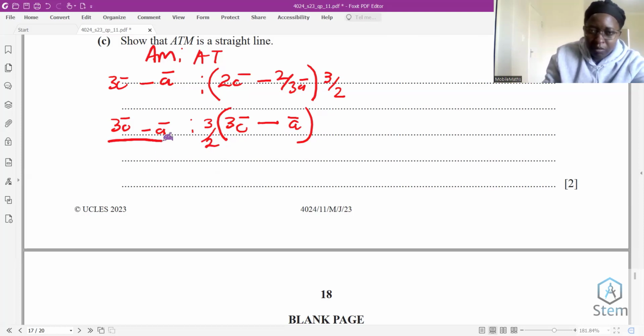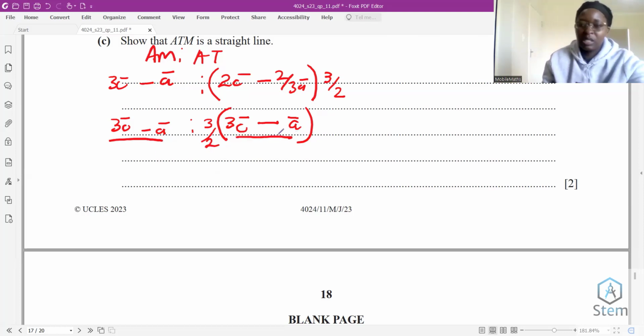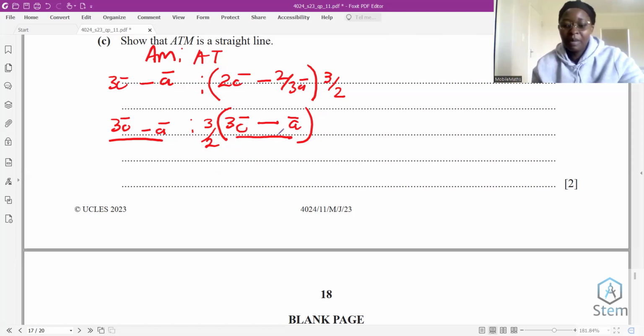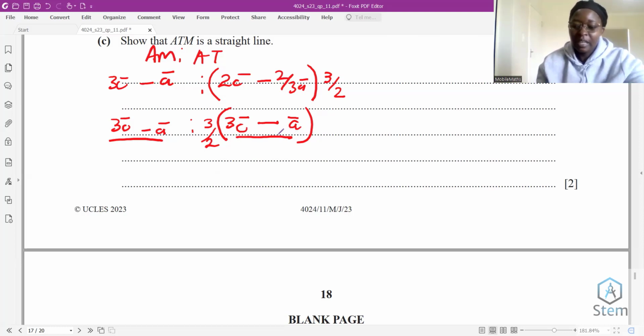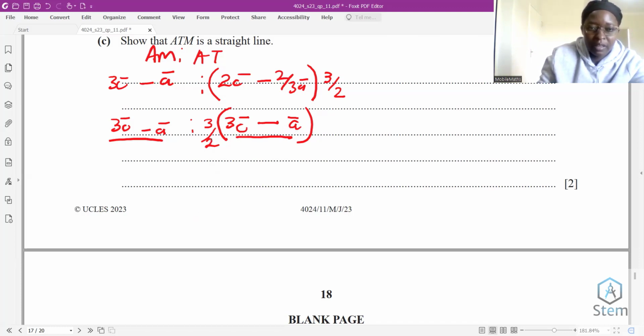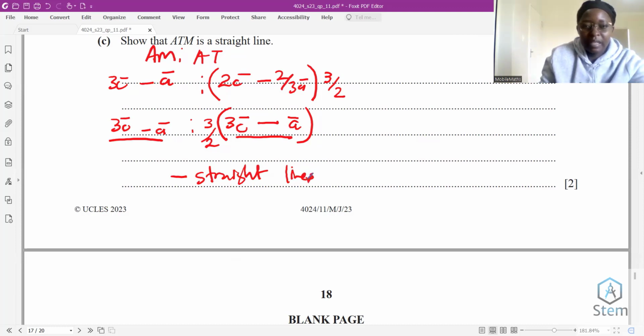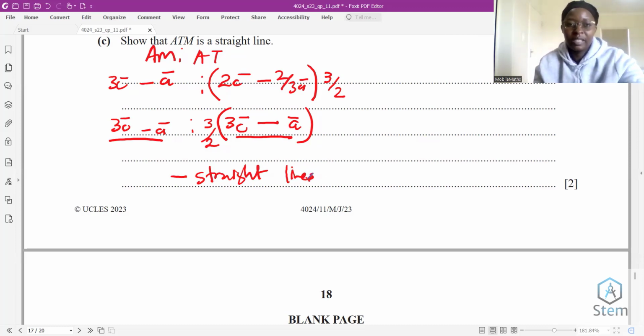And this part of the vector is now similar to this part of the vector. So when they are similar like this, it means it's a straight line. And it has got a scalar of 3 over 2 there. So we can deduce and show that it's a straight line. Okay, so that's our final answer there. It's a straight line because of that.